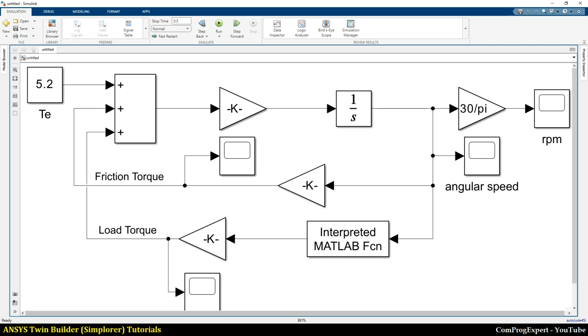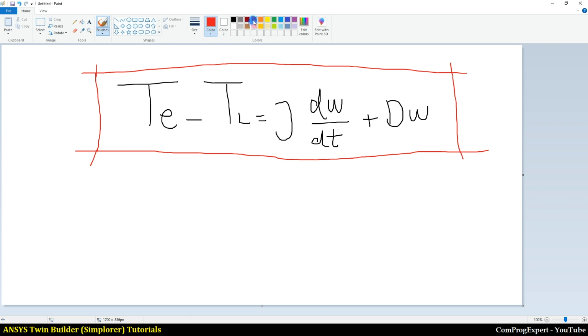So, here in this equation, this is the electric torque. I am going to consider an electric motor. So this is the rotor, and as you know, we have this electric torque on shaft TE, and also we have this load torque TL.